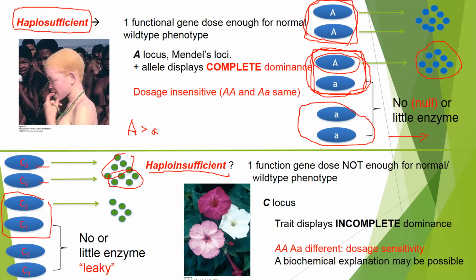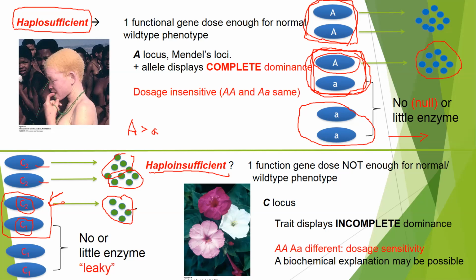Now there are 2 doses in this individual, right? Now, when we look at this heterozygous individual, there's only 1 copy of the C2 allele, the wild type allele. The other one is C1. So C1 is mutant. It cannot produce any protein. So this single C2 allele can produce 1 dose of the protein.